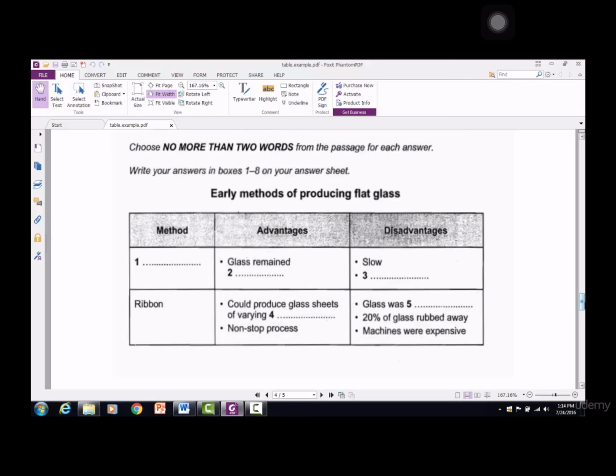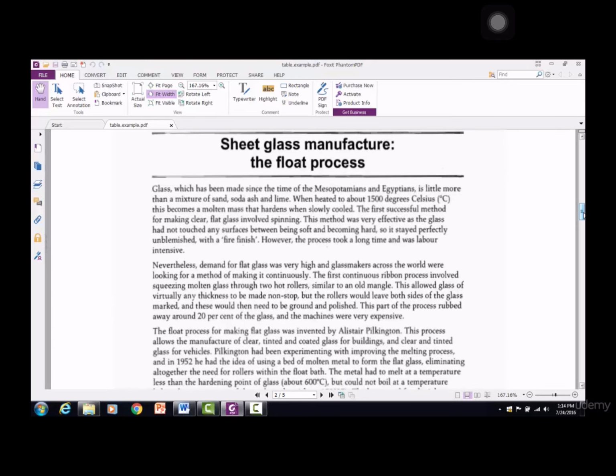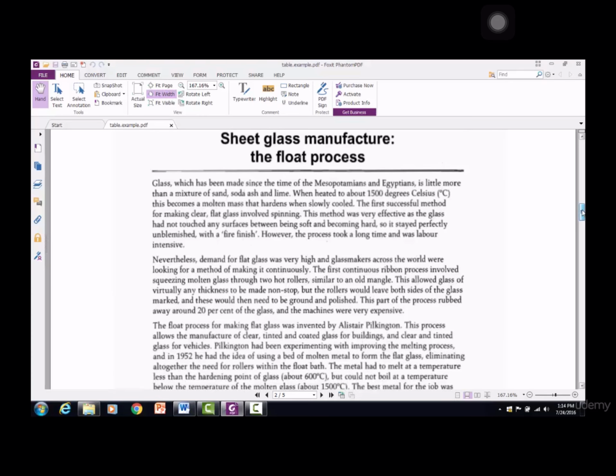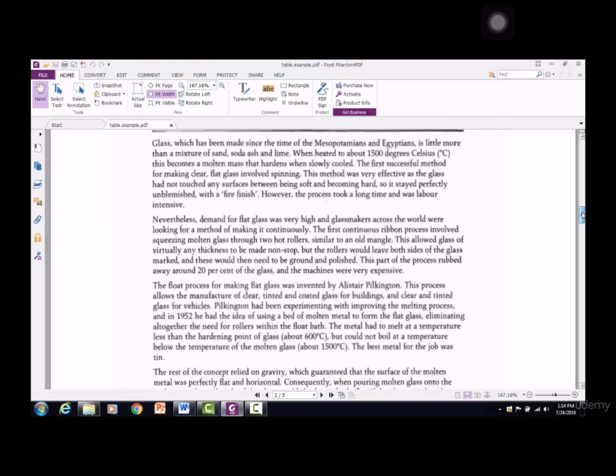All right, so let's take a look, see if we can find the word ribbon. Start at the very beginning. We see they're starting off with Mesopotamia and the Egyptians, so they're starting off really early. Oh, wow.